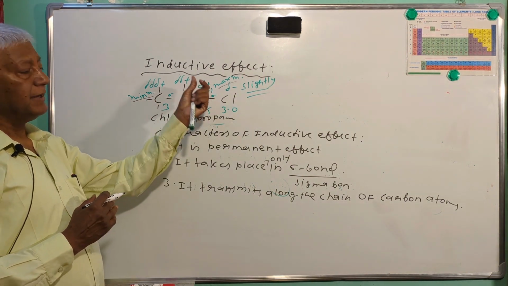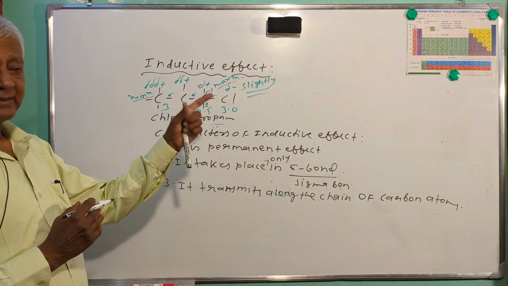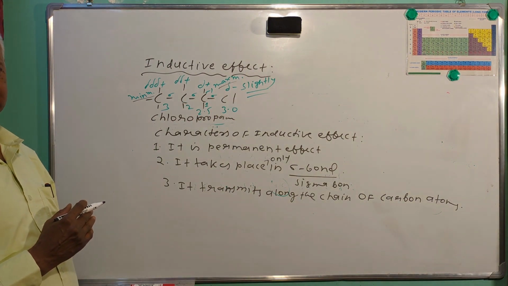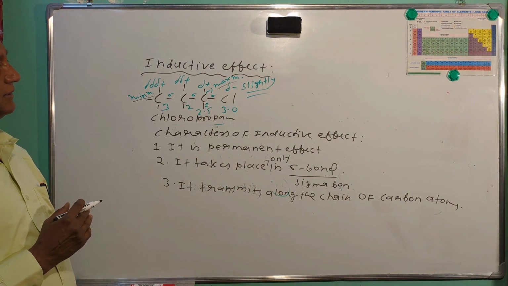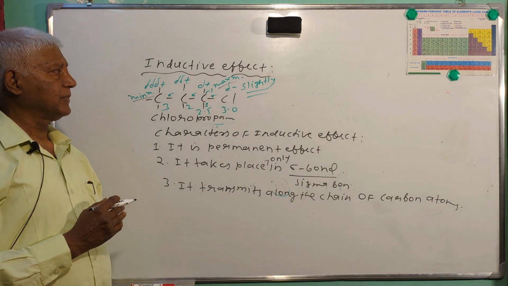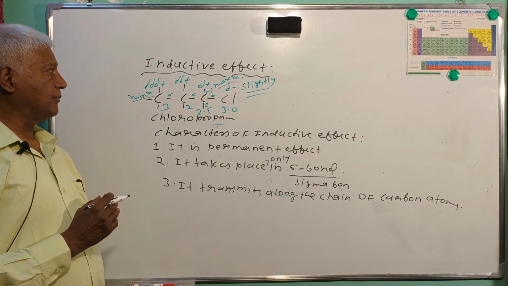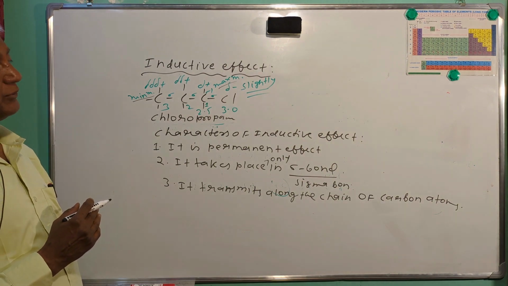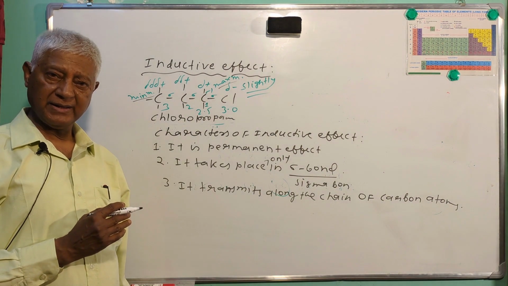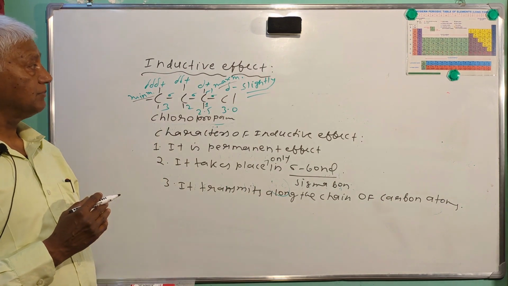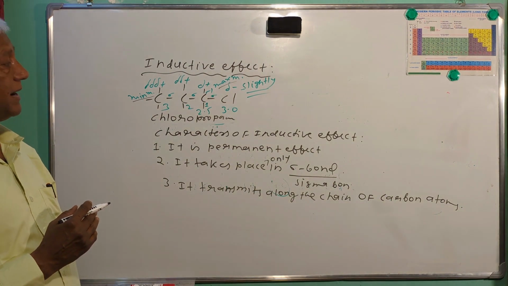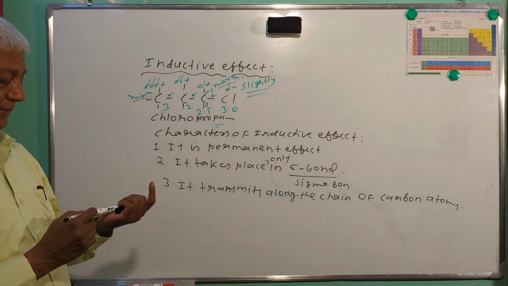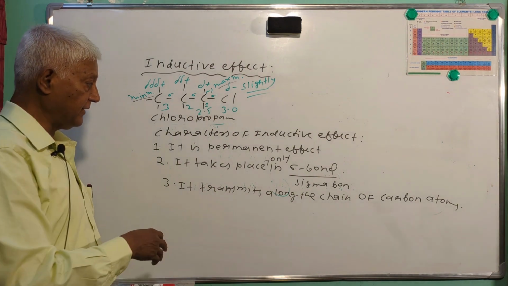The inductive effect is like a magnetic effect. Always keep in mind, for the inductive effect concept, we have to keep the concept of a magnet. If you keep the concept of a magnet, you will never have any problem or difficulty.